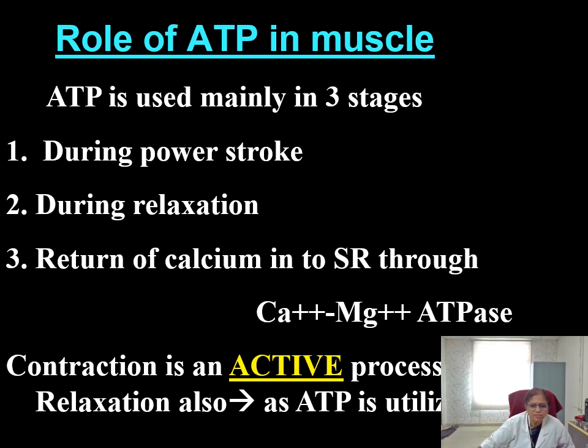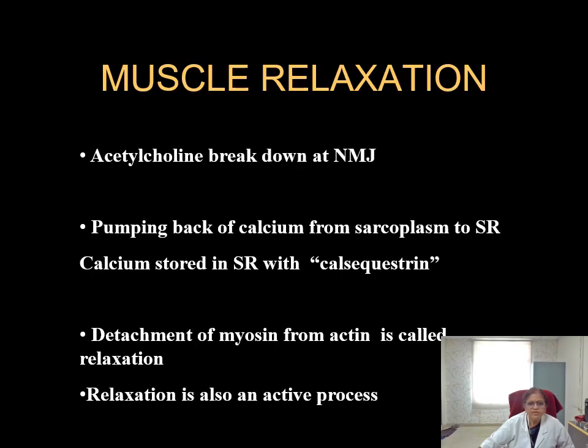Calcium detached from troponin has to go again to its storehouse located in the cisterns of the sarcoplasmic reticulum. For that also you need ATP breakdown. So it is also called an active process, by the calcium magnesium ATPase enzyme. So contraction is an active process and relaxation is also an active process.